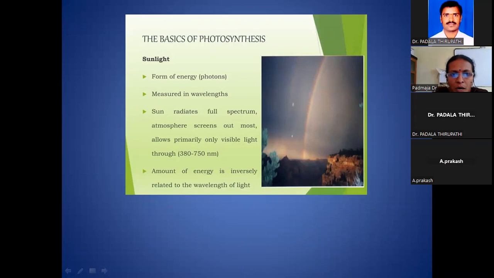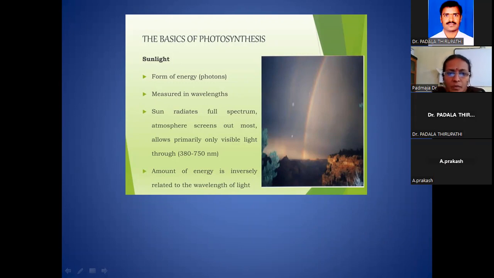Now, the light is coming from the sunlight in the form of particles called photons. These are the light particles. These photons will carry some energy, that is the quantum of energy.